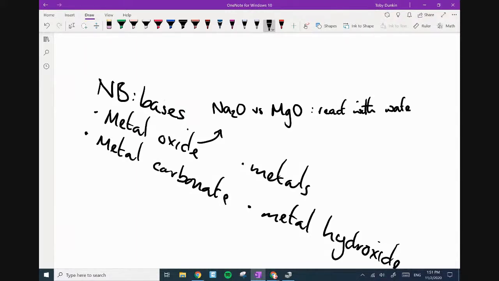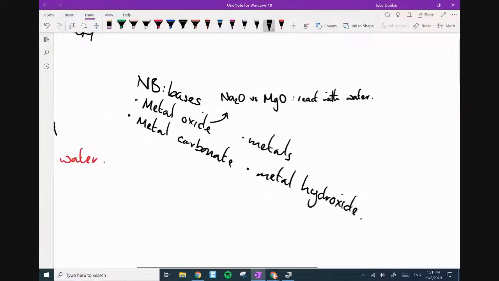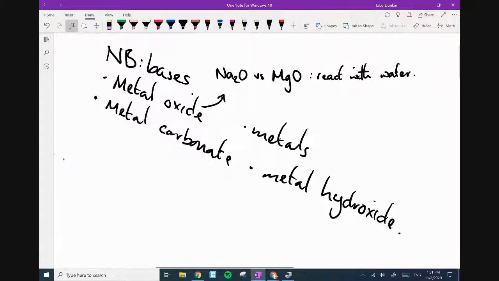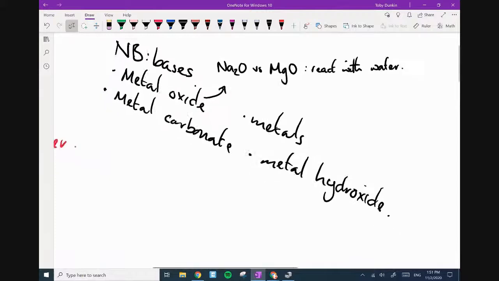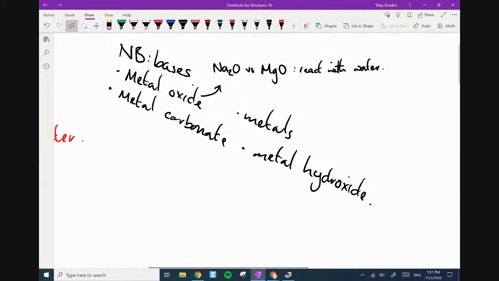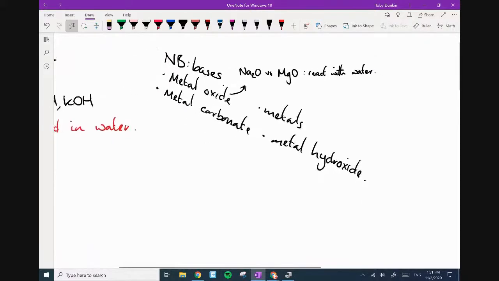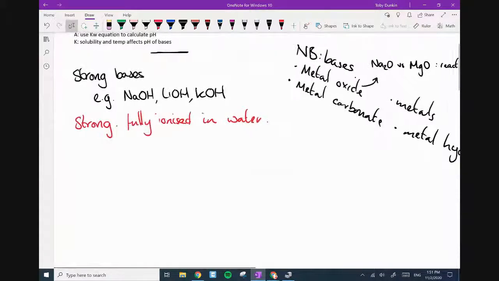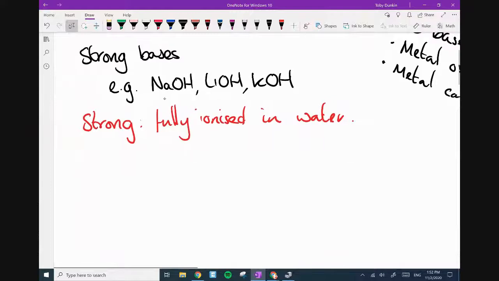Metals aren't soluble. They're reacting with the water themselves or reacting with the acid themselves. Metal carbonates are exactly the same, although a few group 1 carbonates are slightly soluble. But once again, the carbonate ions are reacting with the water, and metal hydroxides are obviously what we always talk about anyway. So we can do a couple of dissociation equations.